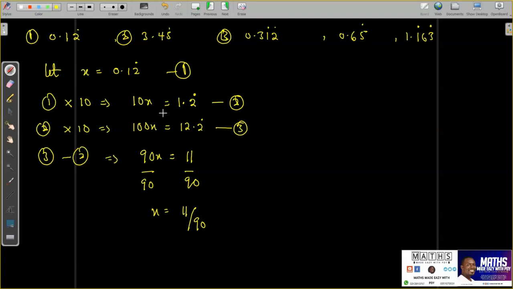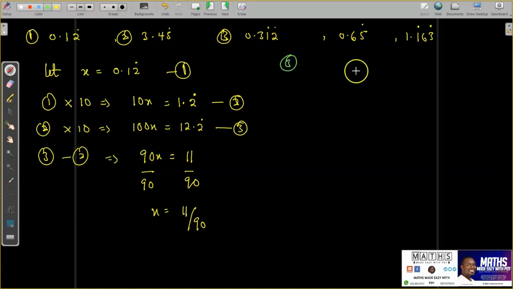Any other question, please? Okay, can we try question number 3 together? All right, we are looking at question 3. I'm using a different color this time.